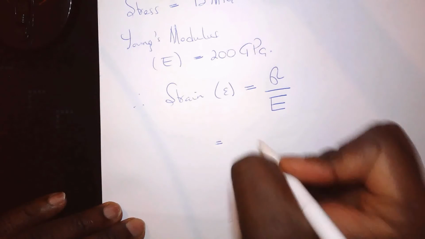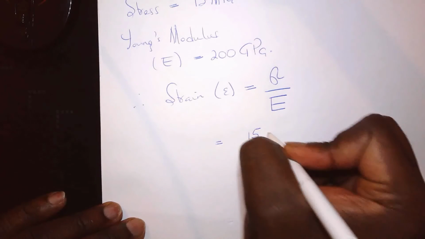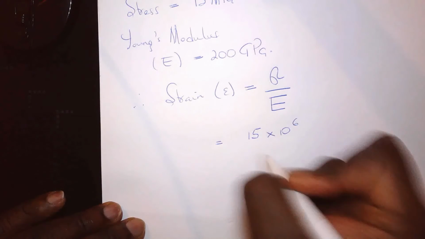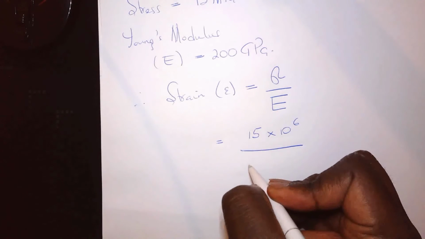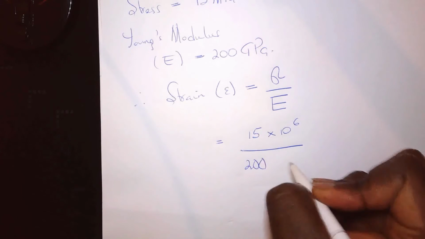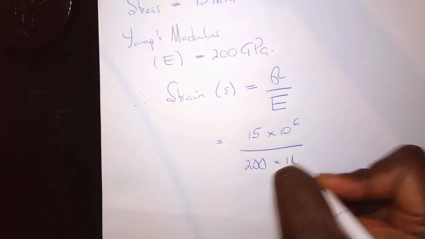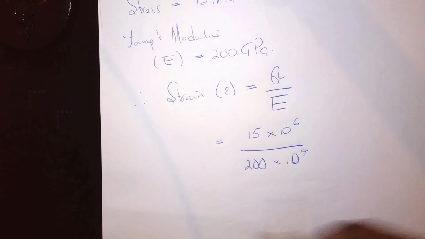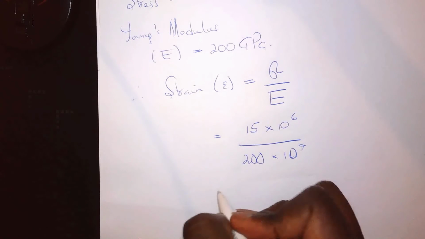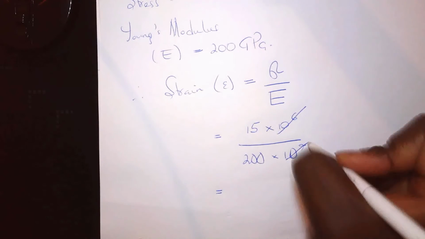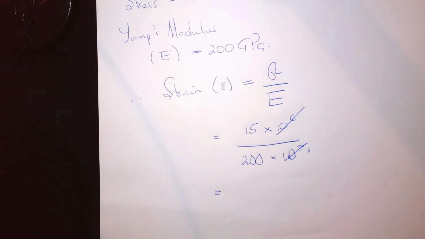So this becomes 15 times 10 to the power 6 over 200 times 10 to the power of 9. Okay, so don't forget that strain is dimensionless. So that goes into that 3.